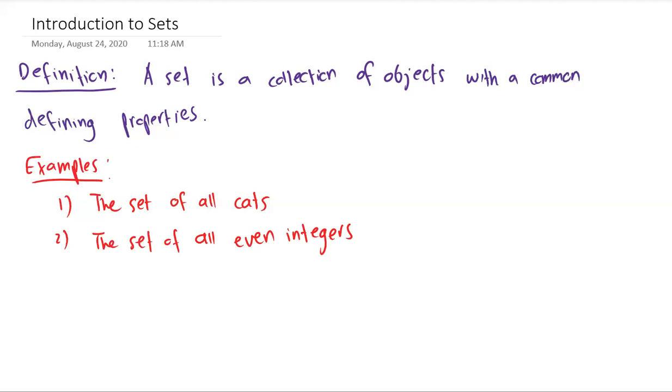Let's do one more: the set of all, let's say, real numbers less than 5. Again, all of these are collections of objects with defining properties.